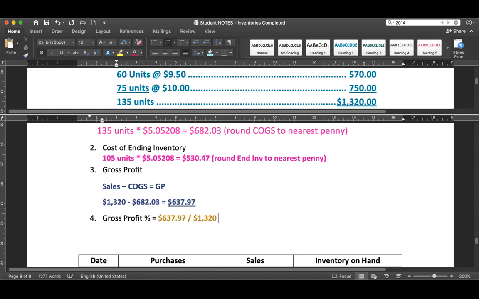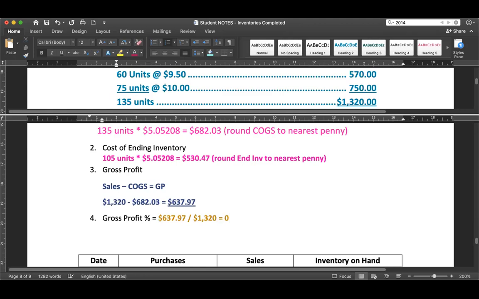All right, and that will give us, if we just put those numbers into our calculator or into Excel, 637.97 divided by 1320. And note that we're going to state it as a percentage. And as I said before, I encourage you to round to 2 decimal places.